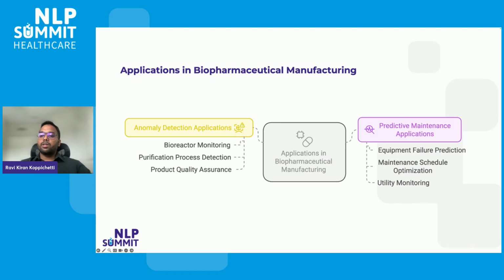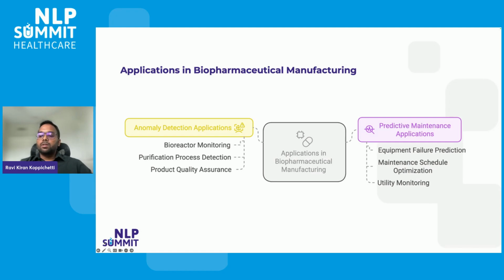Another critical application of anomaly detection is the purification process, such as chromatography. After the bioreactor step, the product undergoes purification to remove impurities and isolate the desired biologic. These processes are highly sensitive, and even small deviations can lead to product losses and reduced product quality. The ML models analyze data from the chromatography skid and the column, including pressure, flow rate, and UV absorbance, to detect any anomalies.